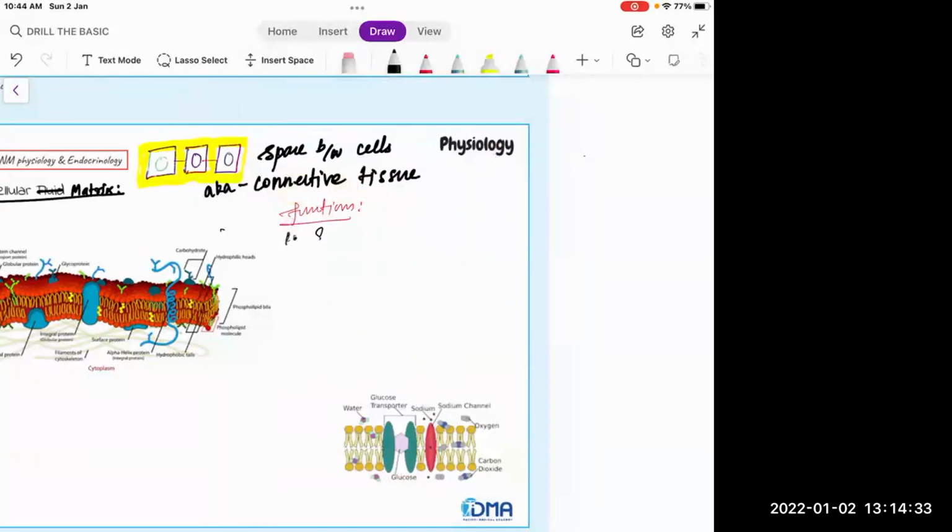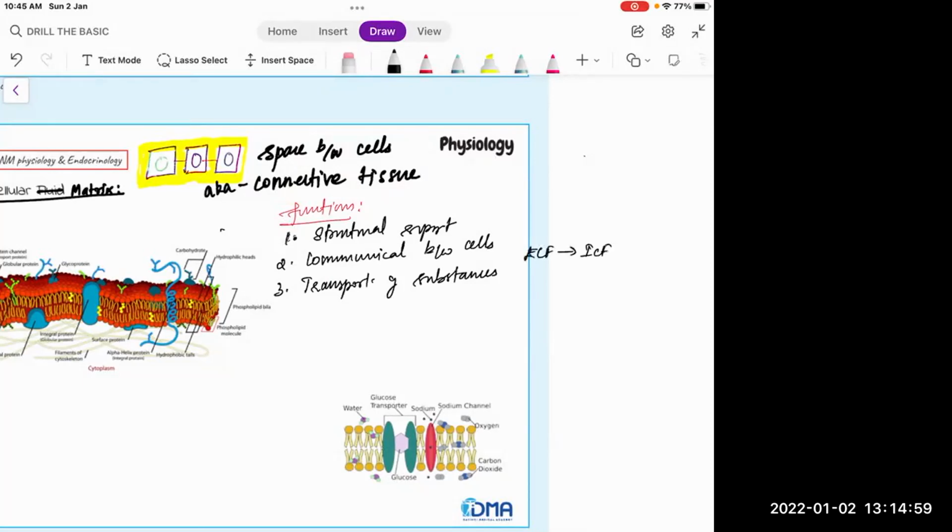The first one, it gives structural support and it acts as a communication space between the cells, and it also helps in the transport of substances either between the ECF and the ICF or between the cells.